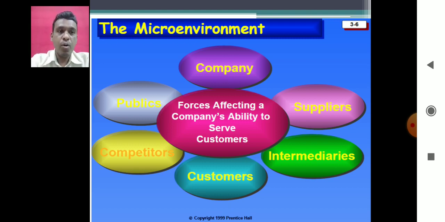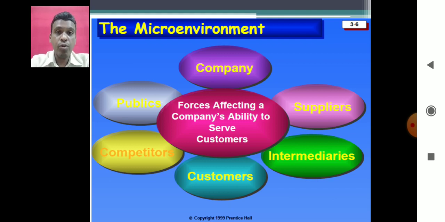The next important thing to consider is competitors. Now, who are our competitors? Competitors are those companies, business units or organizations which are trying to get the same customers or the same market segment as we are. The marketing concept states that to be successful, an organization must provide greater customer value.